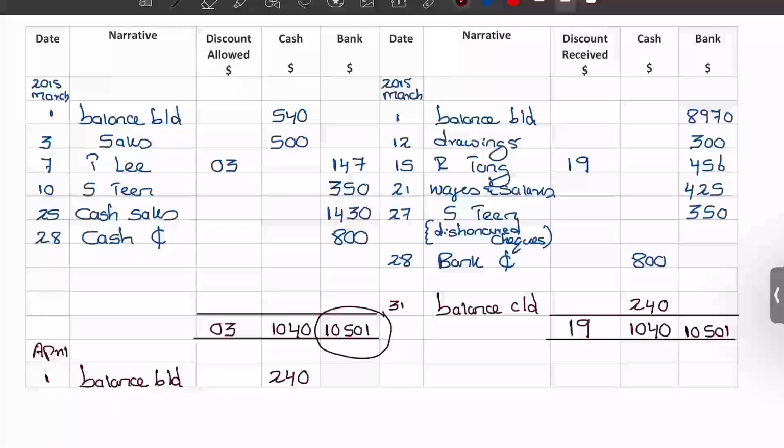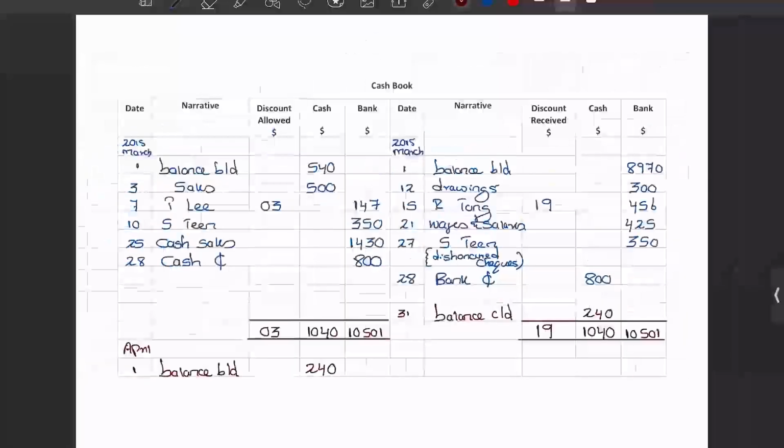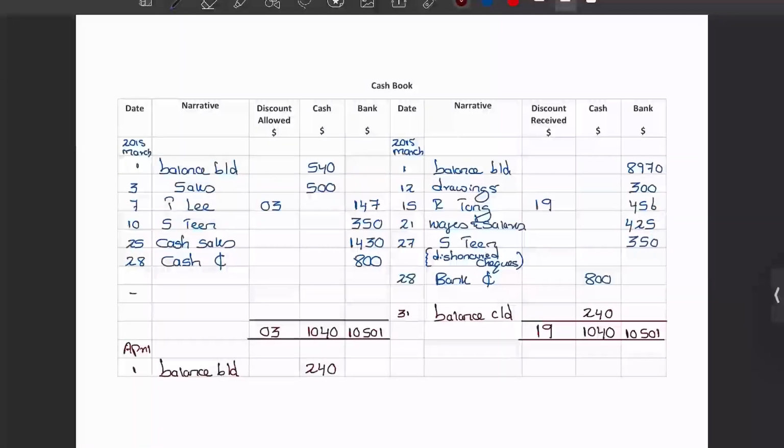From the total, minus all these figures. From 10,501, you minus all the figures on the debit side and tell me how much is the balance you are getting. 7774. Super. March 31st, balance CD, 7774 in your bank account. You can enter 7774 over there.